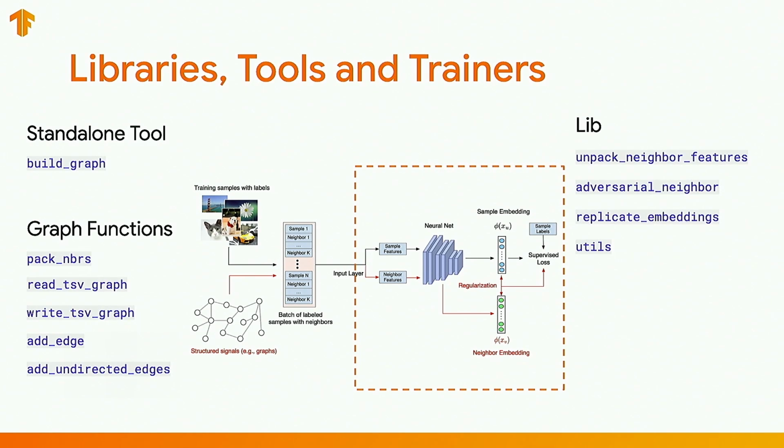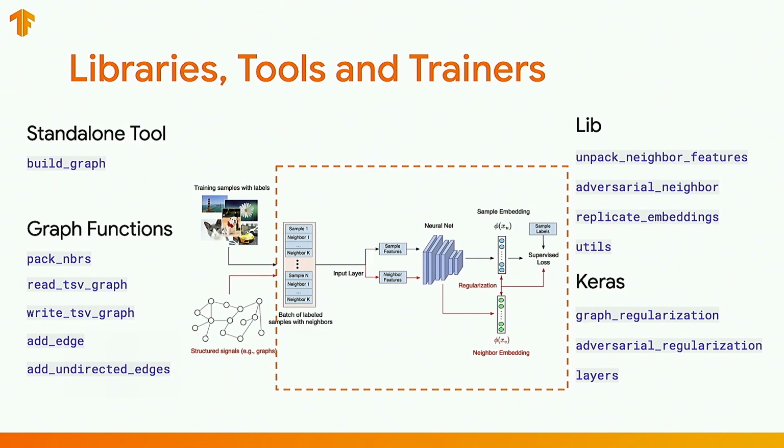The model in this illustration is a convolutional neural net, but it can be any type of neural network, not just limited to the convolutional neural net. Then the difference between the sample and its neighbor embedding is calculated and added to the final loss as the regularization term. In addition, we also provide libraries to generate the adversarial neighbors as implicit structure signals for regularization.